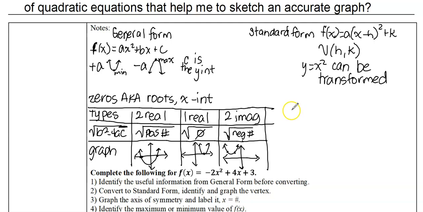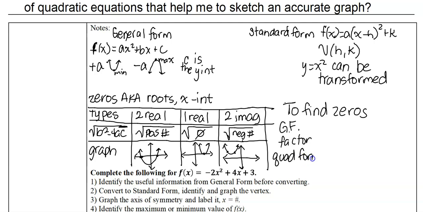A couple ways you can find them. To find zeros, if you're working from general form, you can factor if it's factorable, or you can use the quadratic formula, which I will put right here.